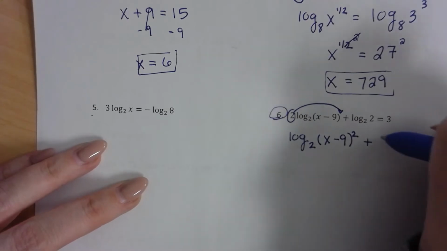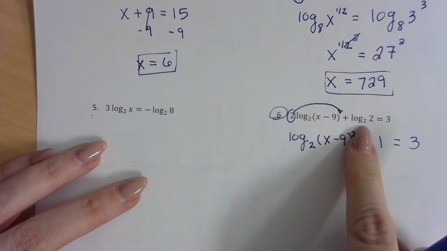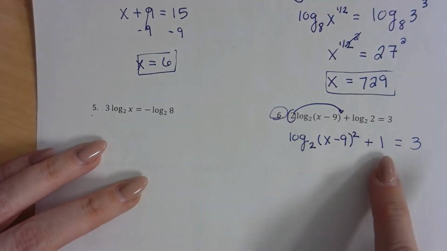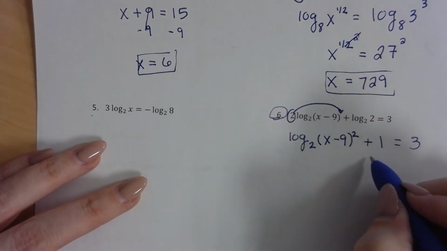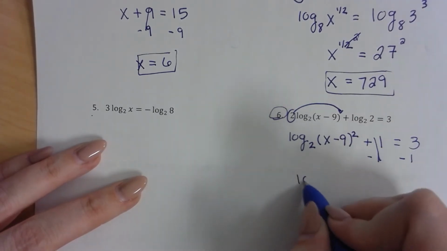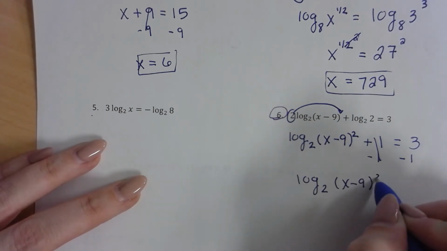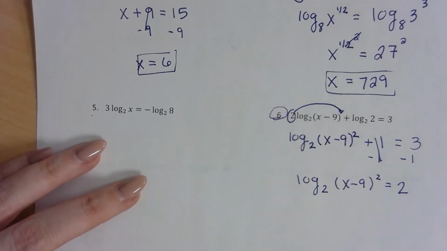Well, that's just the number 1. That's a rule we learned on the last page. If these are the same number, then it's 1. So now we need to move the 1 over, so we're going to use subtraction. So we get log base 2 of x minus 9 squared equals 2.